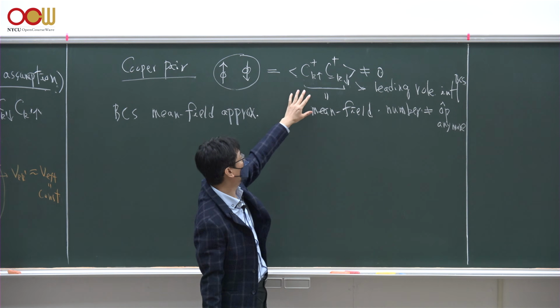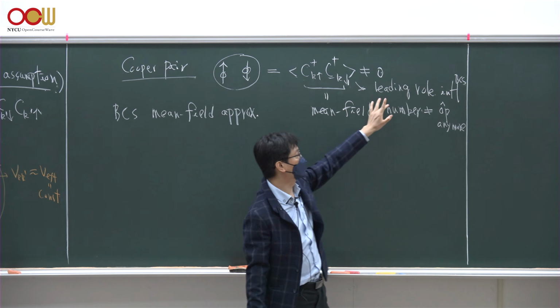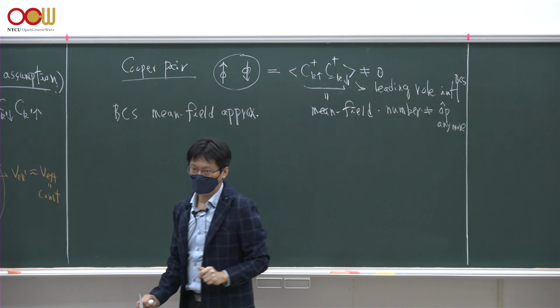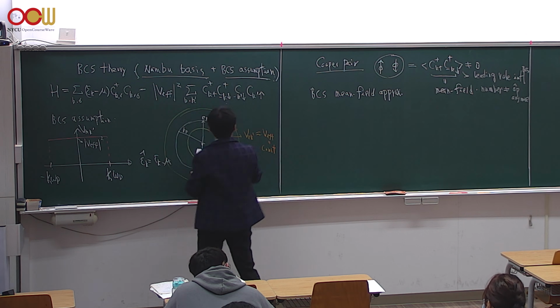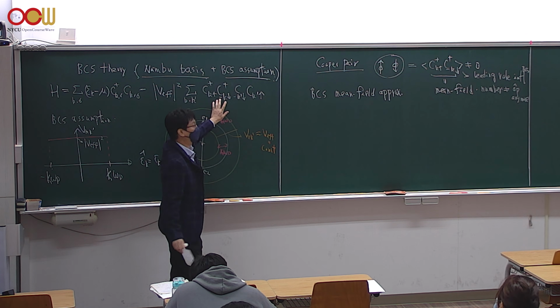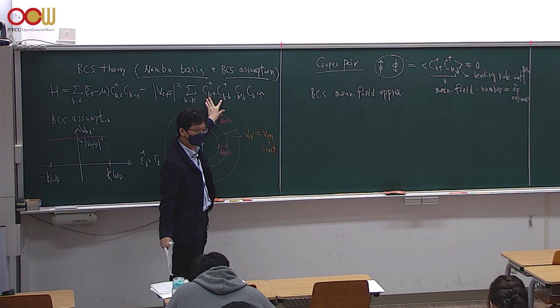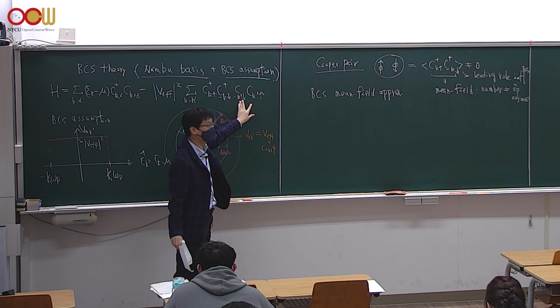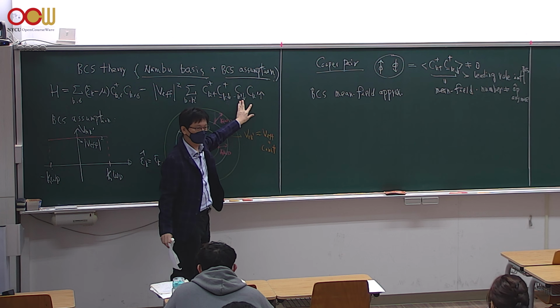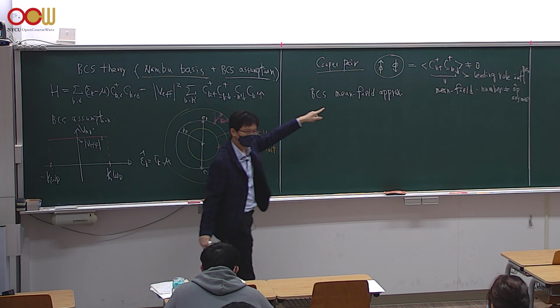But we imagine that this quantity should play the leading role in the BCS ground state. And therefore, we could further simplify this four-fermion operator. We know that these two operators must be related, and these two must be related, in that way.